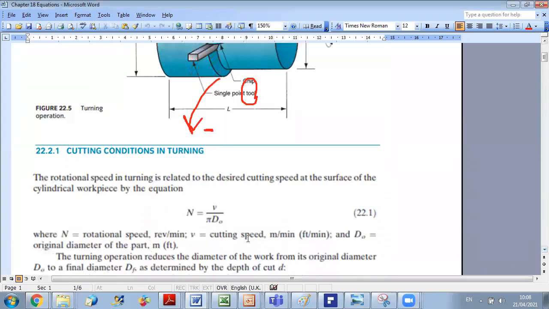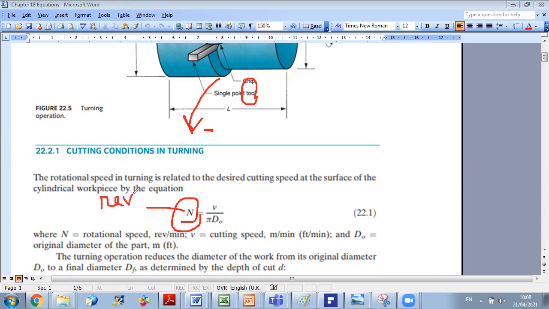The rotational speed in turning is related to the desired cutting speed at the surface of the cylindrical workpiece by the following equation. In this case we have rotation of the part, and the rotational speed can be expressed in number of revolutions per minute.